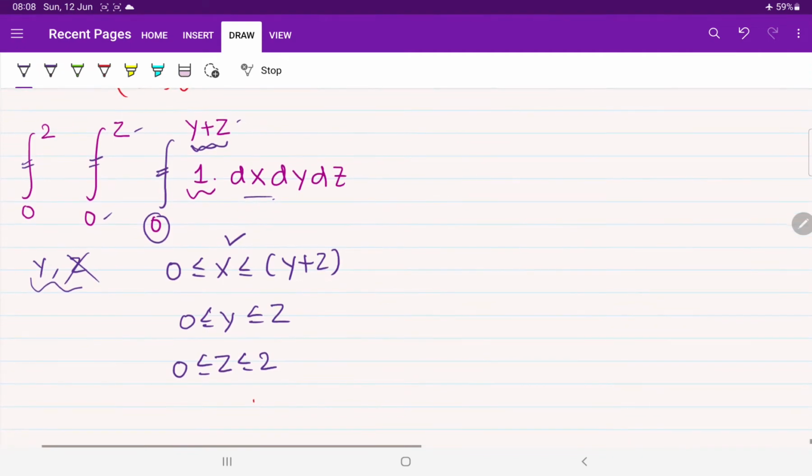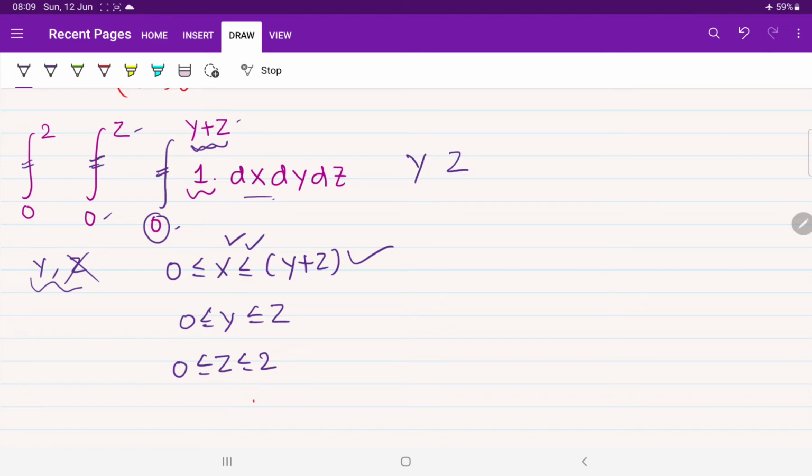Always remember one thing, integration limits will be specified for some other variable. If the limit is defined 0 to y plus z, which variable is missing here? The missing variable is x. It means 0 to y plus z has been defined for x. Then take the variables which are left, y and z.